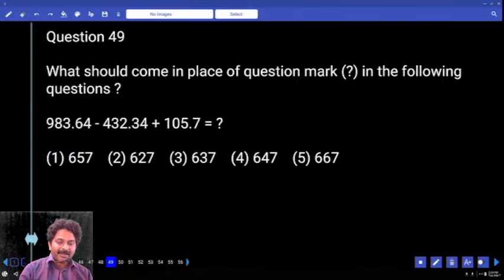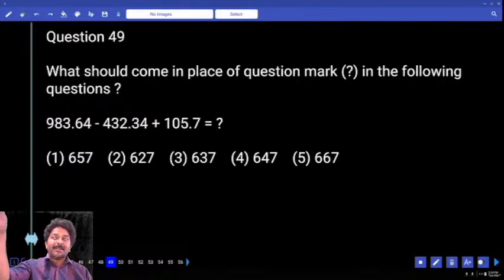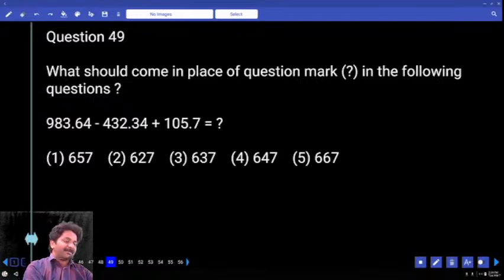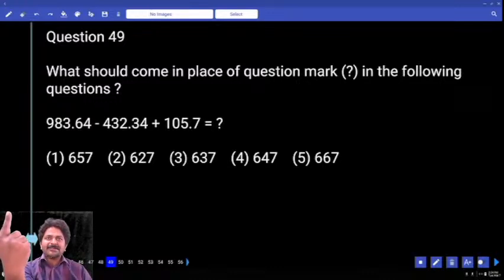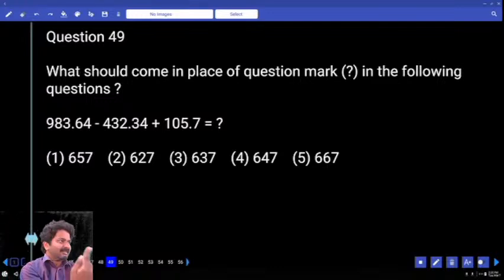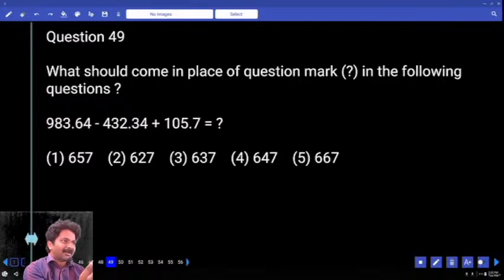So I don't want to concentrate on the number after the decimal because among options there is a comfortable difference, which is 10. Got it? If you consider decimals, the number after the decimal may differ by 1, hardly. So 1 doesn't matter for us.